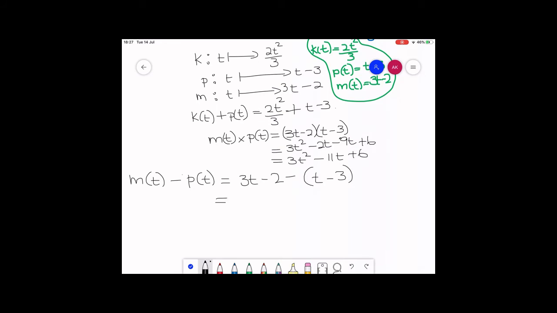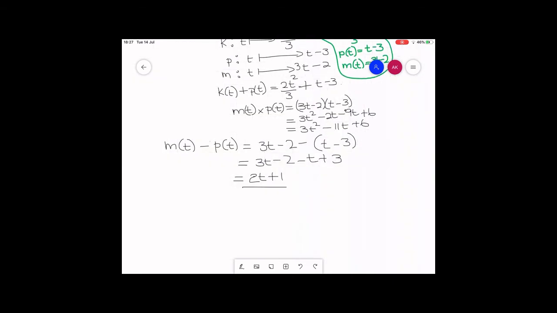And this gives me 3t minus 2 minus t plus 3. And that gives us 2t plus 1. So when we subtract, it's possible to subtract these functions. We are going to look at the next step.